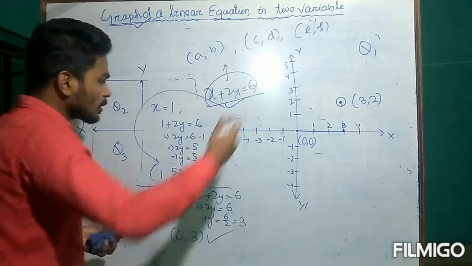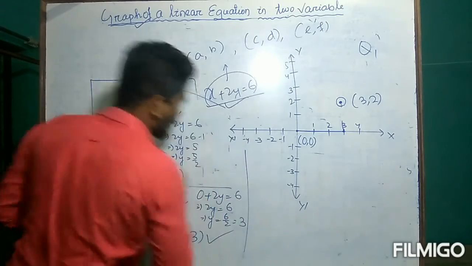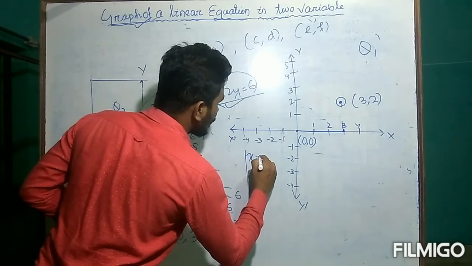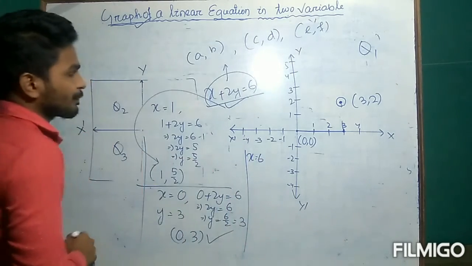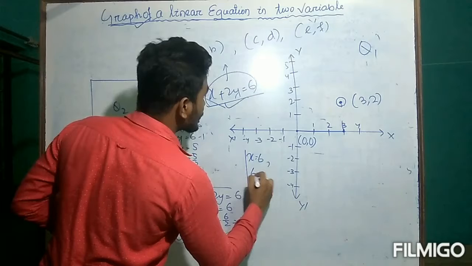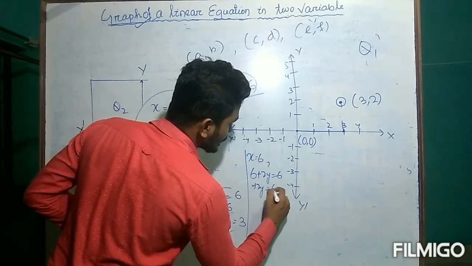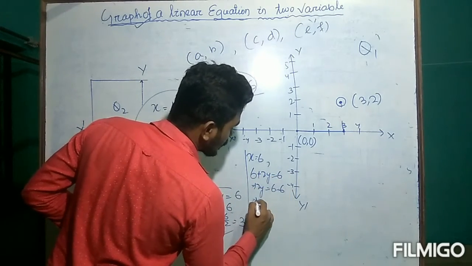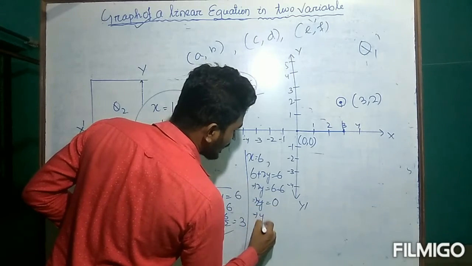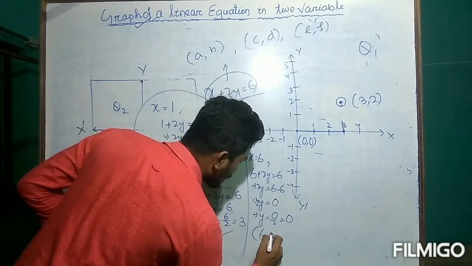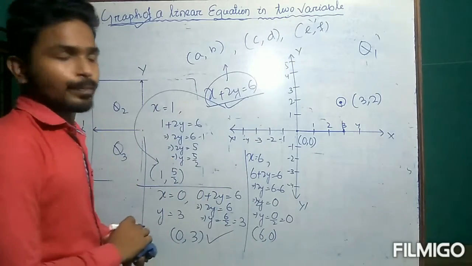Let's find out another 2 solutions for this same equation. Suppose someone puts x to be 6. Then the equation will be 6 plus 2y is equal to 6. 2y is equal to 6 minus 6. 2y is equal to 0 and y is equal to 0 by 2, that is 0. So one more solution we get, that is 6, 0.